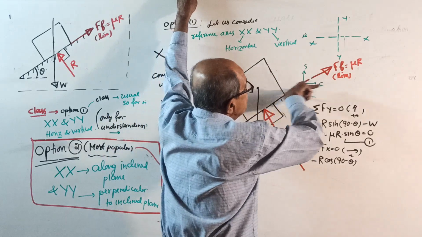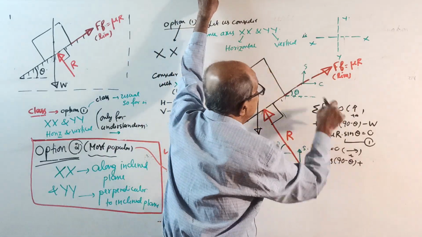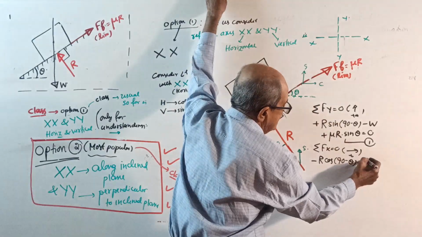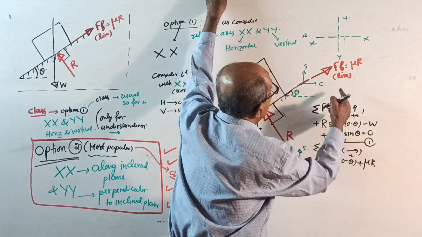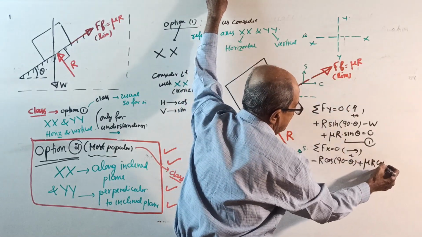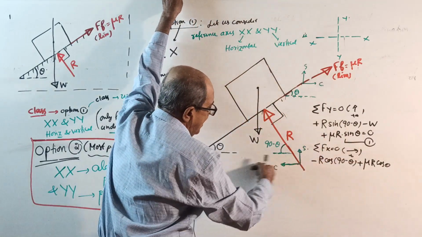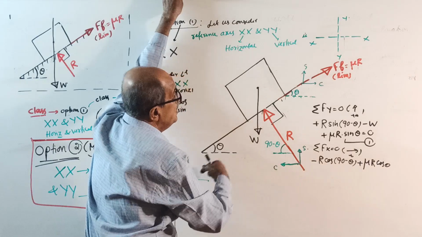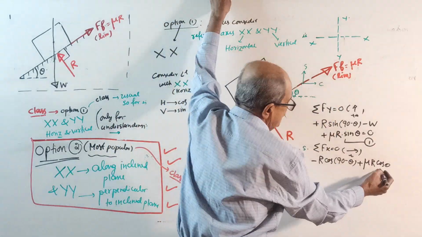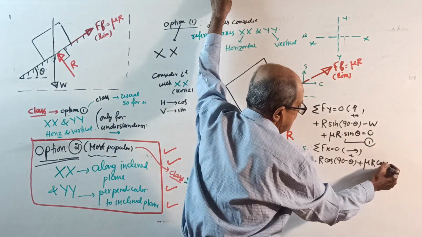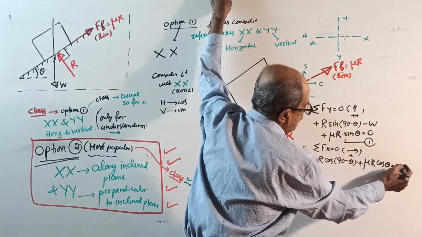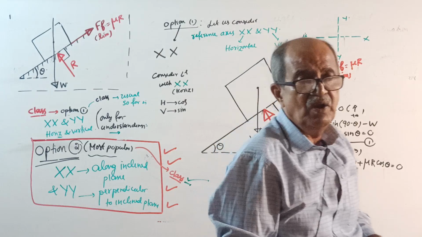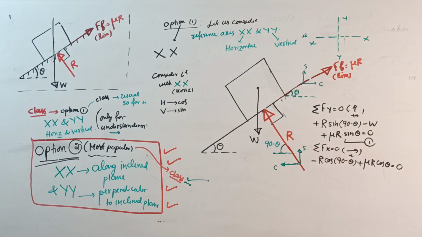Then plus mu R into cos theta. So minus R cos of 90 minus theta plus mu R into cos theta equal to 0. I got a doubt about the board. Have I gone beyond the limit? I think no. Otherwise I should turn the camera slightly. No, it is okay.